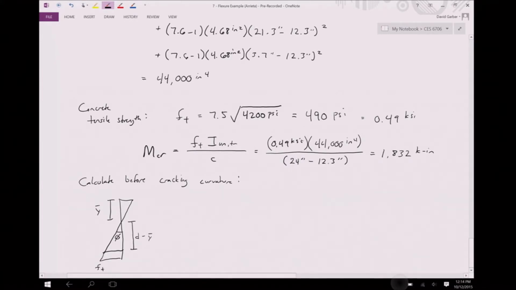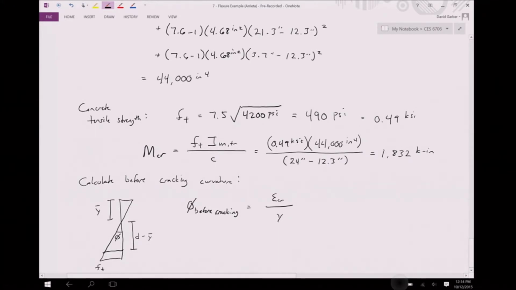Okay, so what we can do is find our phi before cracking. And our phi before cracking is going to equal our strain at cracking over the distance from the centroid to the bottom.